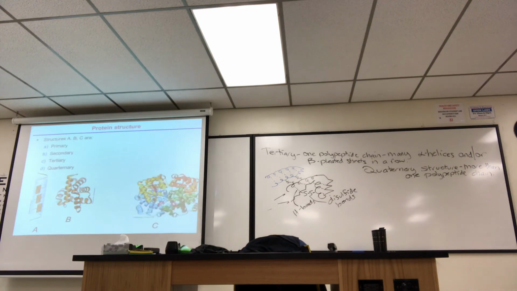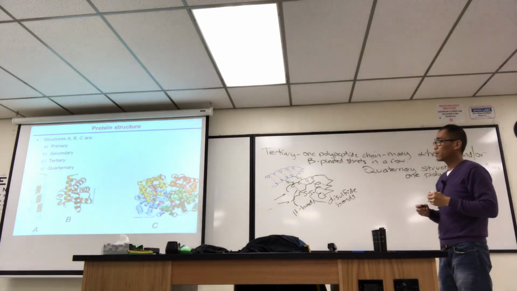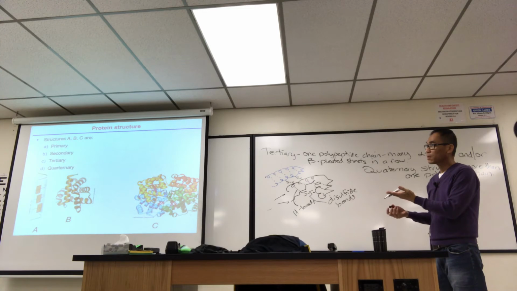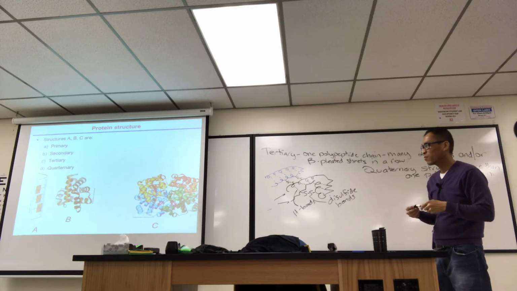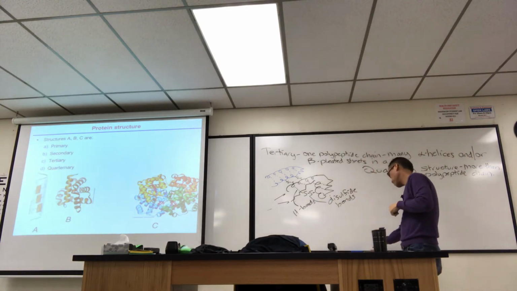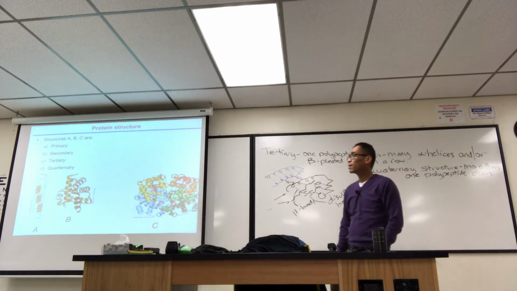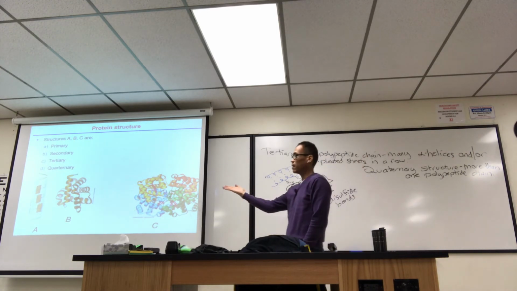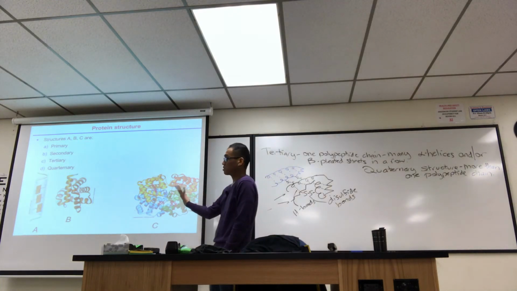So let's think for a second. Look at the pictures based on what I explained. Look at the multiple choice question. You've got a few things to choose from, what I just defined. What do you think A is showing you? Probably secondary. It is secondary because A is a helix, which I defined as secondary.